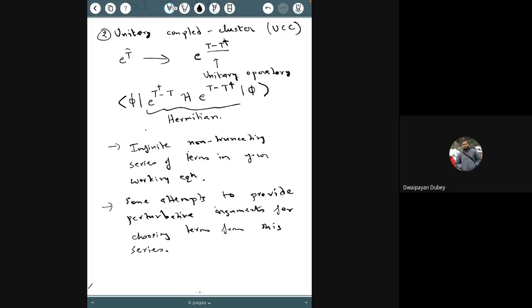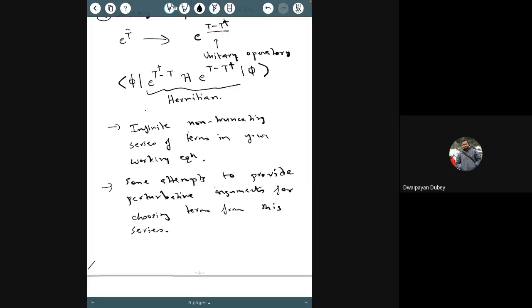Now, why I mention unitary coupled cluster now is because with the advent of quantum computers, the most suitable theory for application in quantum computers has now become unitary coupled cluster. The reason is that among the operations that are possible on a quantum computer, the application of unitary operators on a wave function is possible.